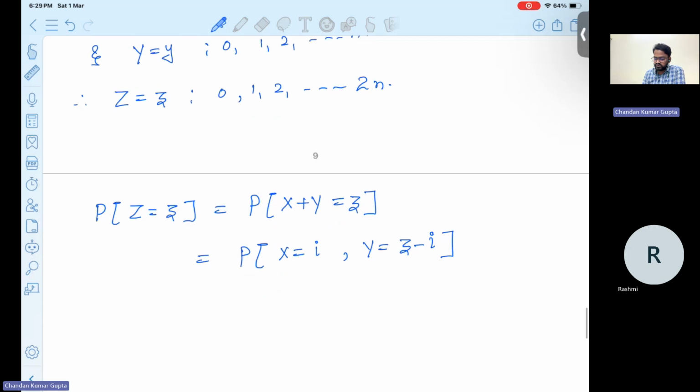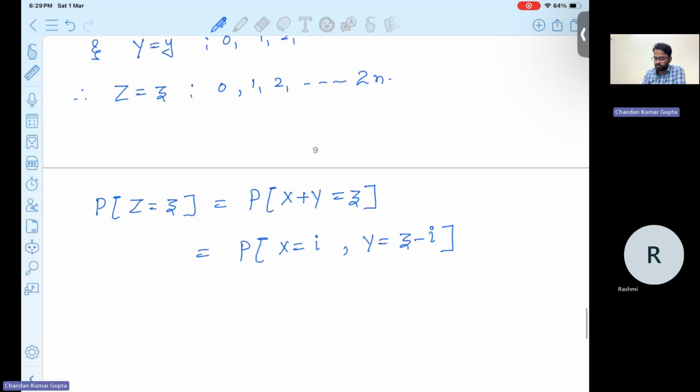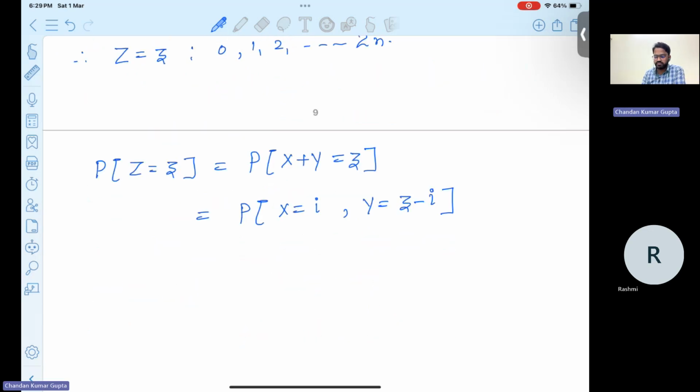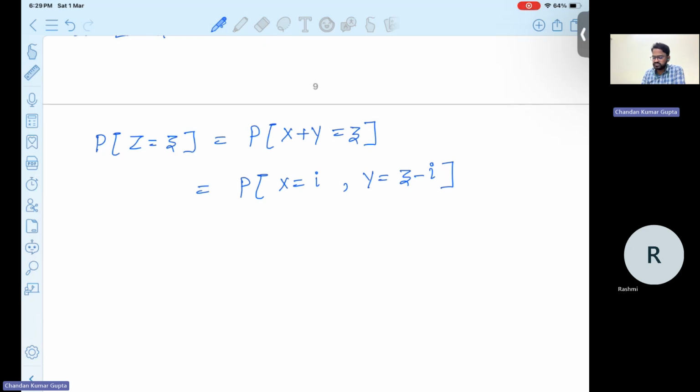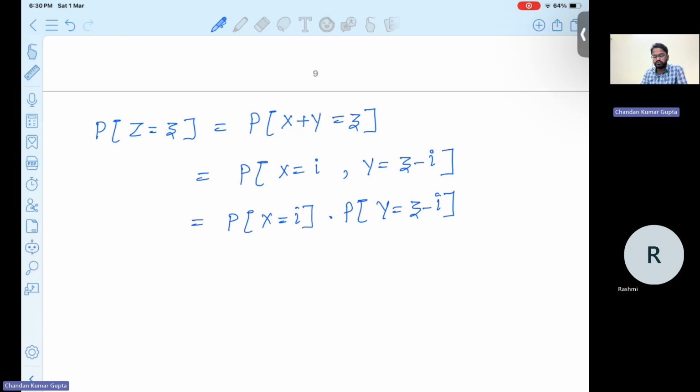Now we are also given these random variables are independent. So this joint PMF, the joint probability mass function, is defined as the probability that X equals I times the probability that Y equals z minus I. Since when two random variables are independent, their joint is equal to the product of their marginals.